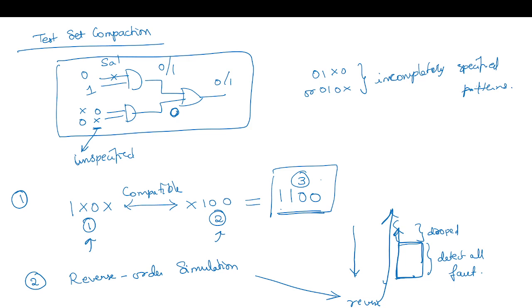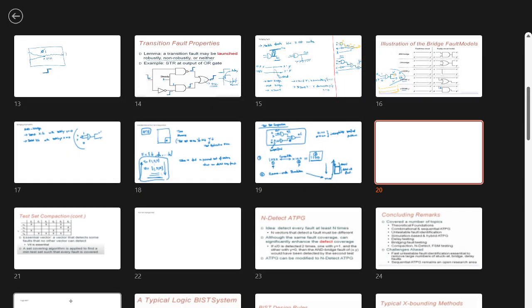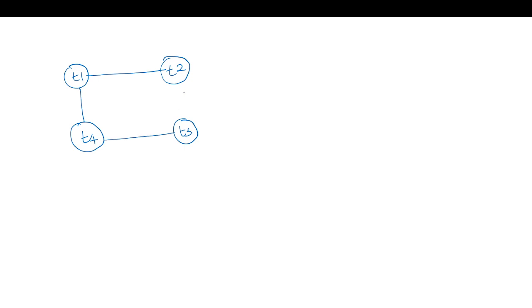And how we draw this compatibility graph, I will take one example. If we have T1 is compatible with this and this vector, and T3, that means T1, T4, T4, T2, T1.